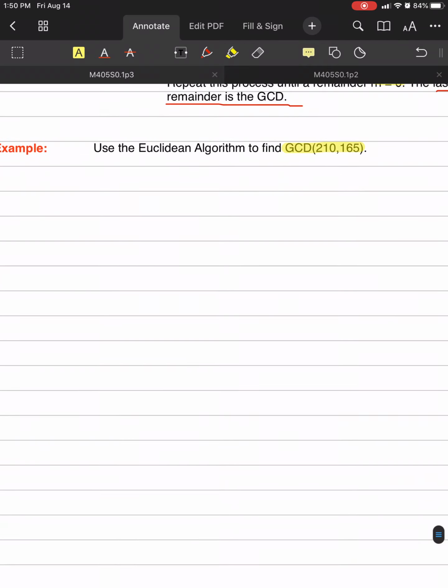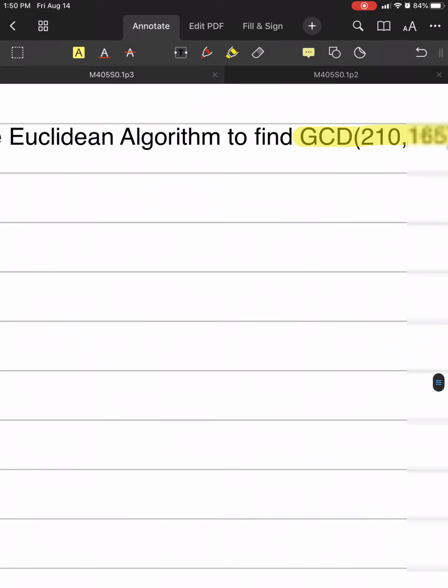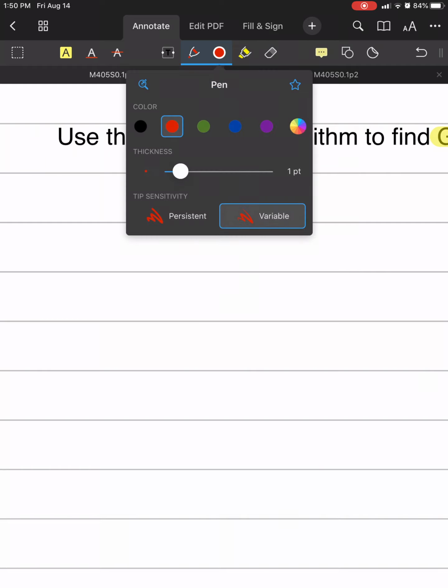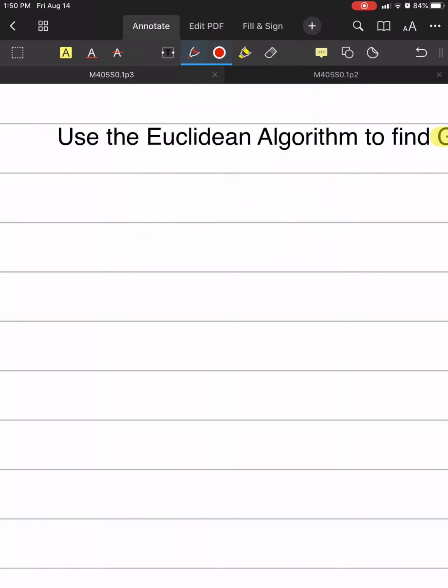Okay, so let's actually do that. 210, 165. Let's start out. I'm going to use red for the numbers themselves, and I will have to switch colors a little bit.